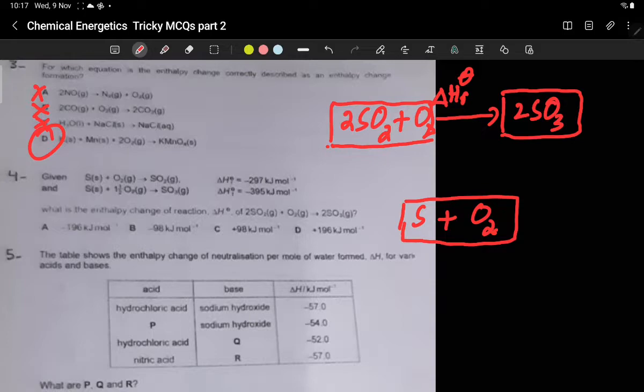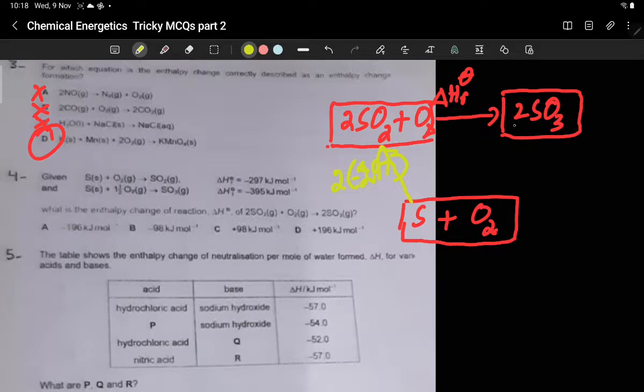Sulfur dioxide is formed. So let's draw with another arrow, another color. This is sulfur dioxide formation, and delta HF of sulfur dioxide is, because of the 2 over there, 2 into minus 297.